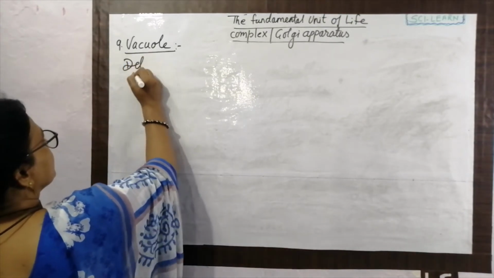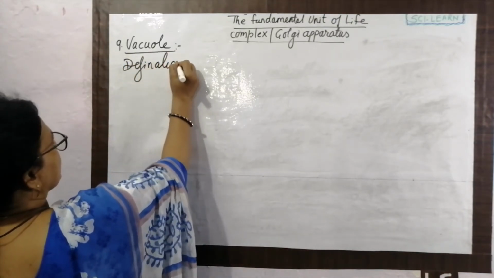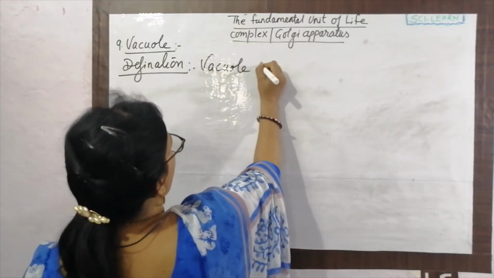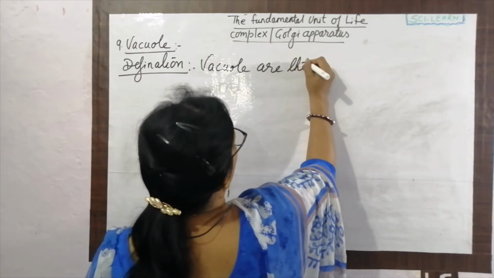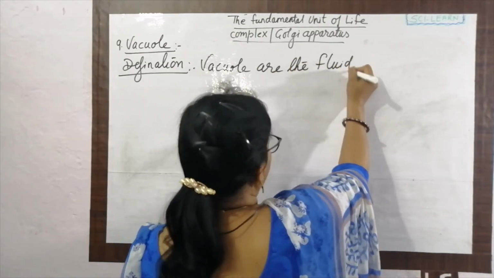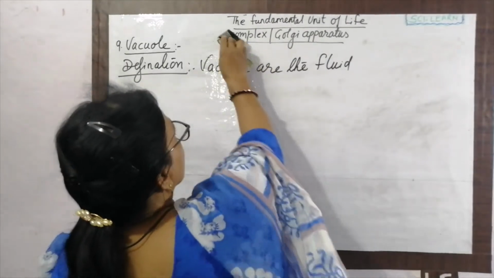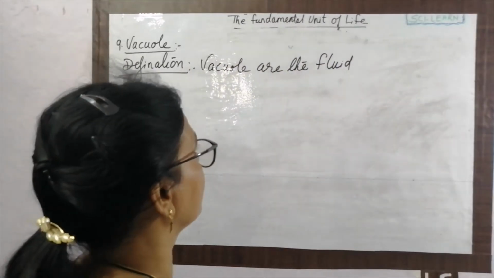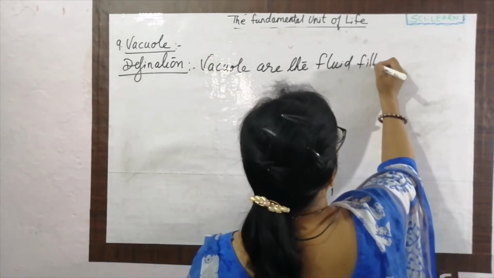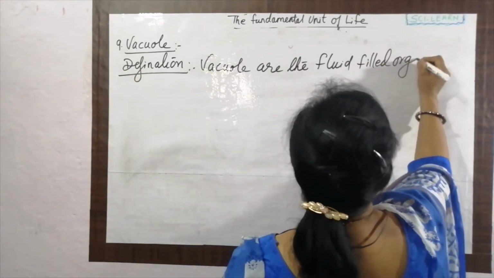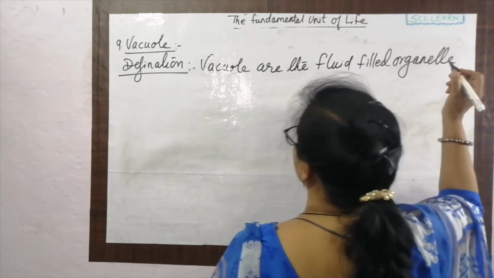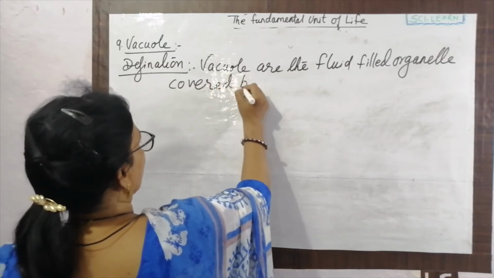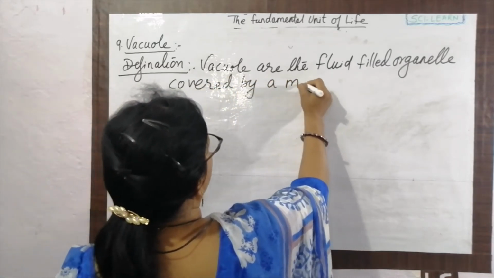For the definition, vacuoles are fluid-filled organelles covered by or bounded by a membrane.